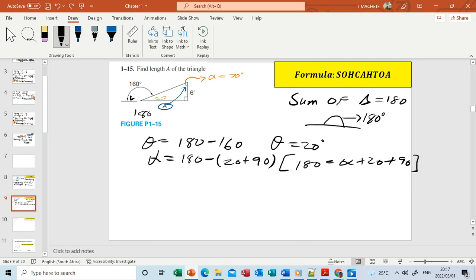SOHCAHTOA tells you that you must have two sides, or one side and the angle. Let me write the formula down. I want to show you this. You've got opposite over hypotenuse for sine. These are your sides or lengths.